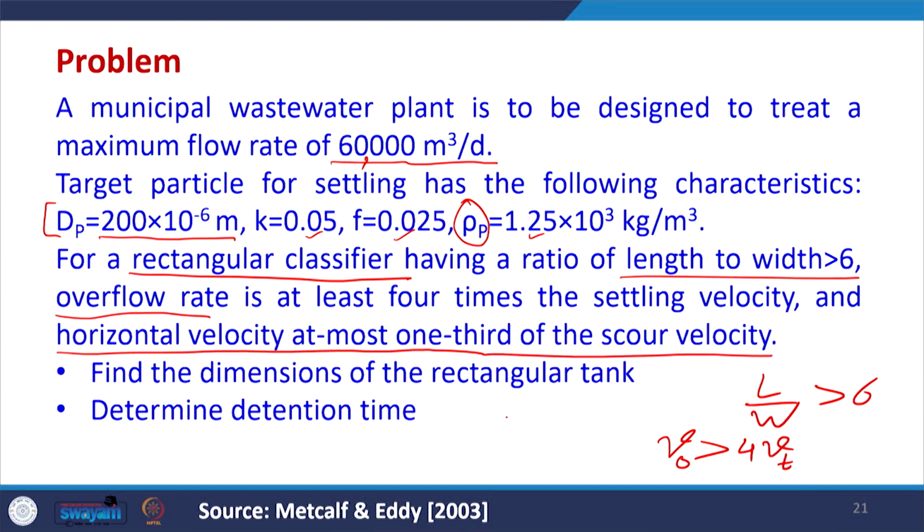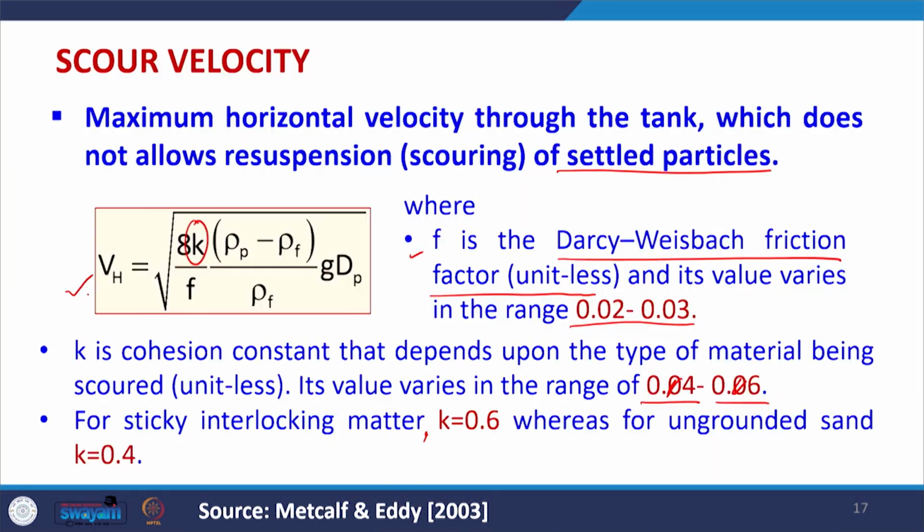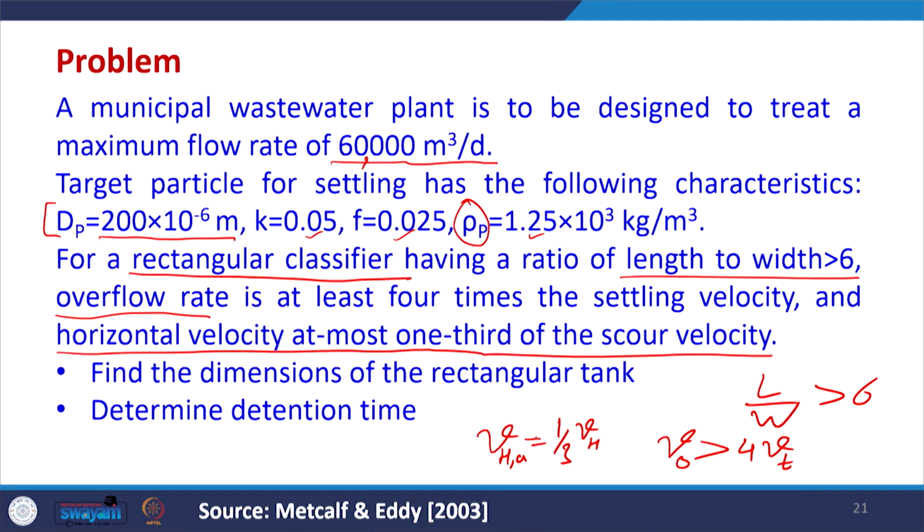So, the actual horizontal velocity, VH actual, is 1/3 of the scour velocity VH, which was given. Under this condition we have to find the dimensions of the rectangular tank and determine the detention time also. So, this is being asked.